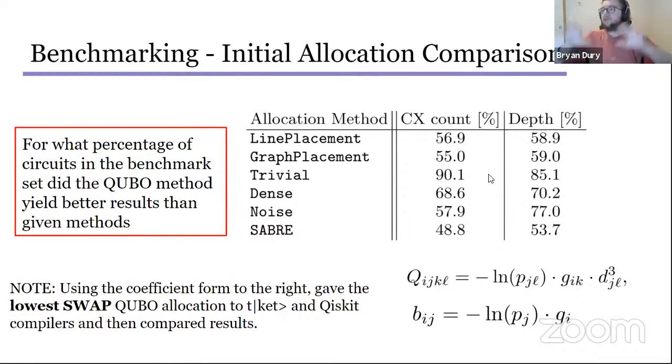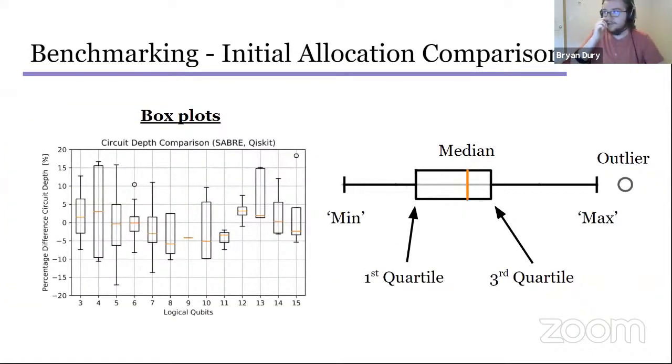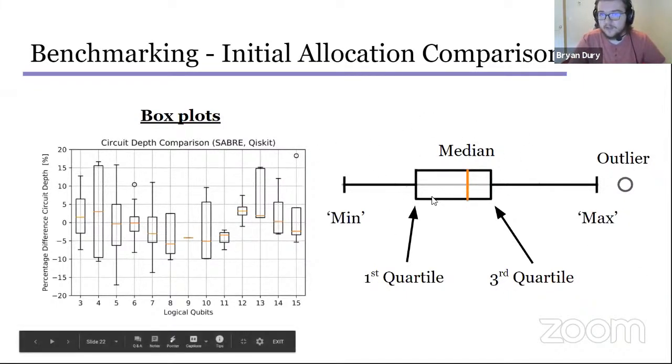But this is like we're zoomed out, looking at a macroscopic picture of how QUBO is doing. We're not getting a sense of how these methods are doing on a circuit by circuit basis in our benchmark set. So let's look a bit further into that. The way we're going to look at this is through box plots. I'm not sure if people are familiar with using them before. This is what the distributions represent on the right hand side.